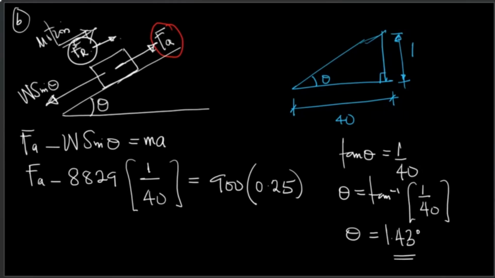What is sine of 1.43? It will give you what? Okay. We can also do it in this way. What is 1 over 40? And you see that it's the same thing. That's why we represented sine theta by 1 over 40.